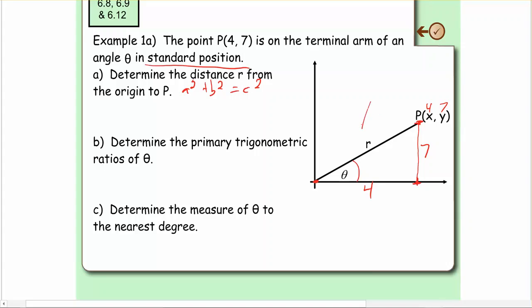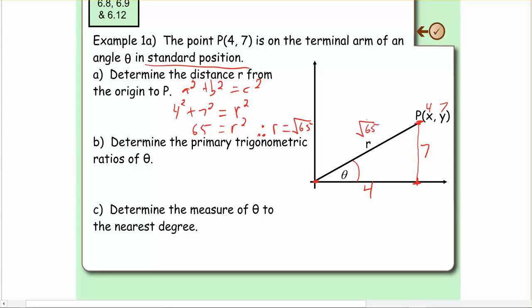And r in this case would be our c, the hypotenuse. So if we fill that in, we've got 4 squared plus 7 squared is equal to r squared. 16 plus 49, so 65 is equal to r squared. Therefore, r is equal to the square root of 65. So I know this top part here is going to be the square root of 65.